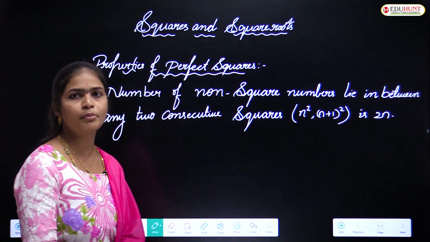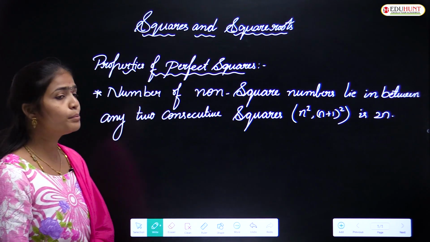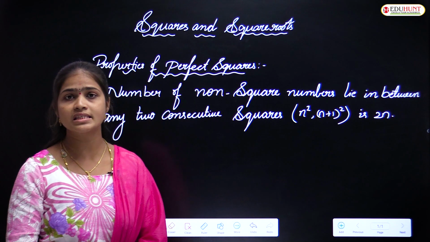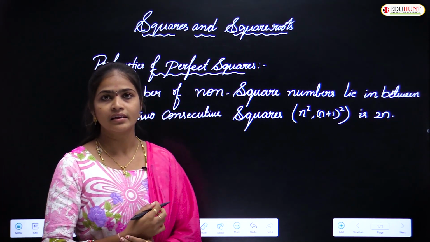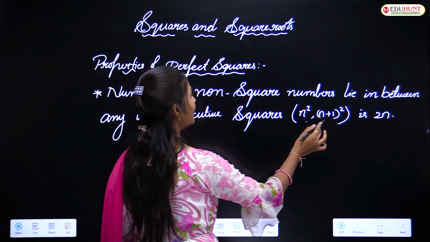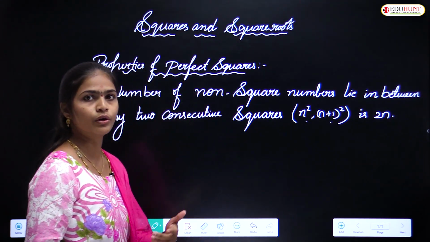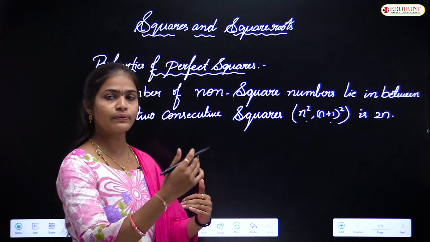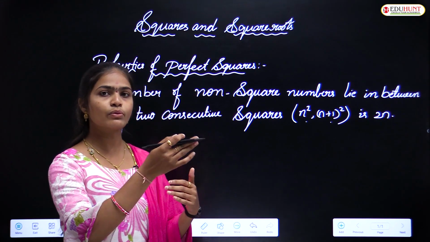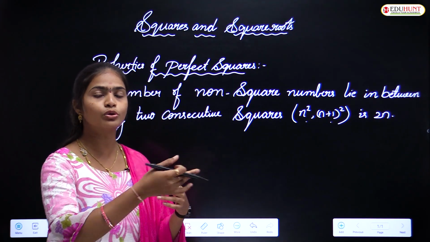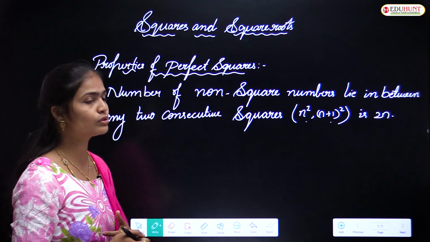So this is another property. The number of non-square numbers lying in between any two consecutive perfect squares. Any two consecutive perfect squares means n and n plus 1, consecutive numbers. Take 1 and 1 plus 1, which is 2. Those two are consecutive, so 1 squared and 2 squared. In between 1 squared and 2 squared, how many non-square numbers lie? How do we know that?